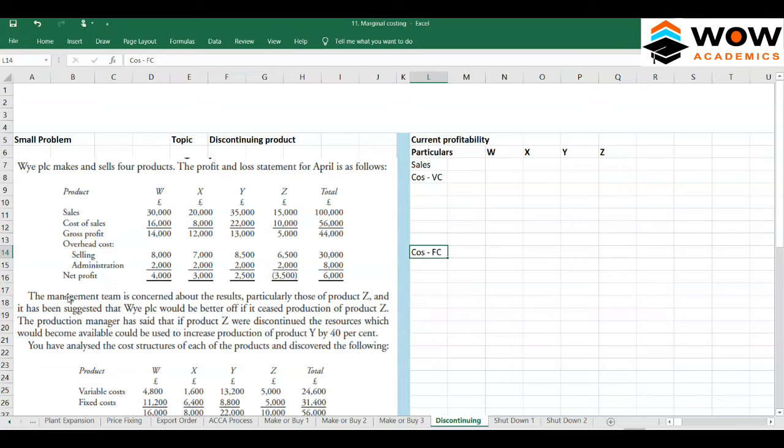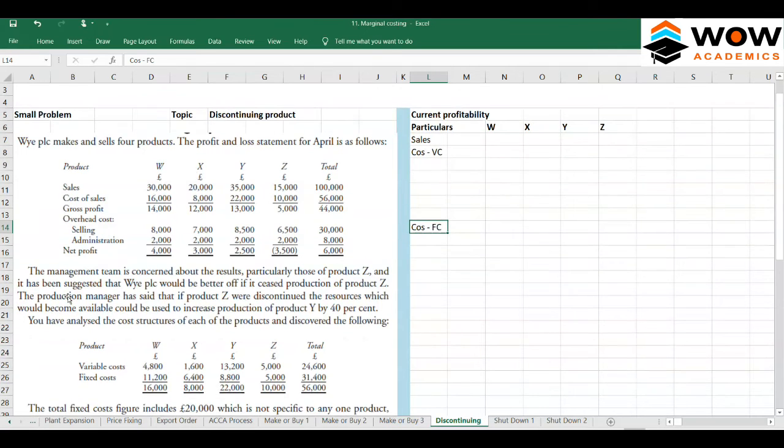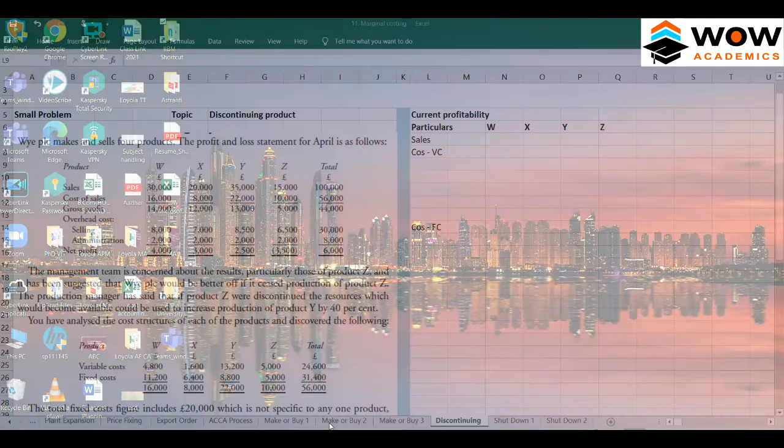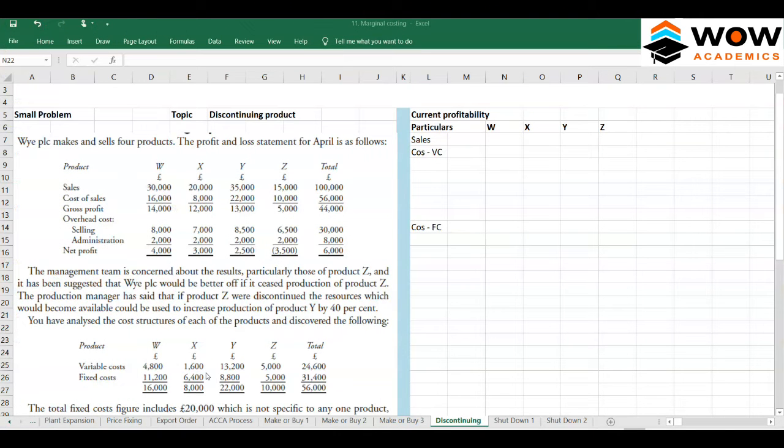And what else we have? We have selling, so selling also. The fixed cost itself, we have to divide on the basis of relevant fixed cost and common fixed cost.